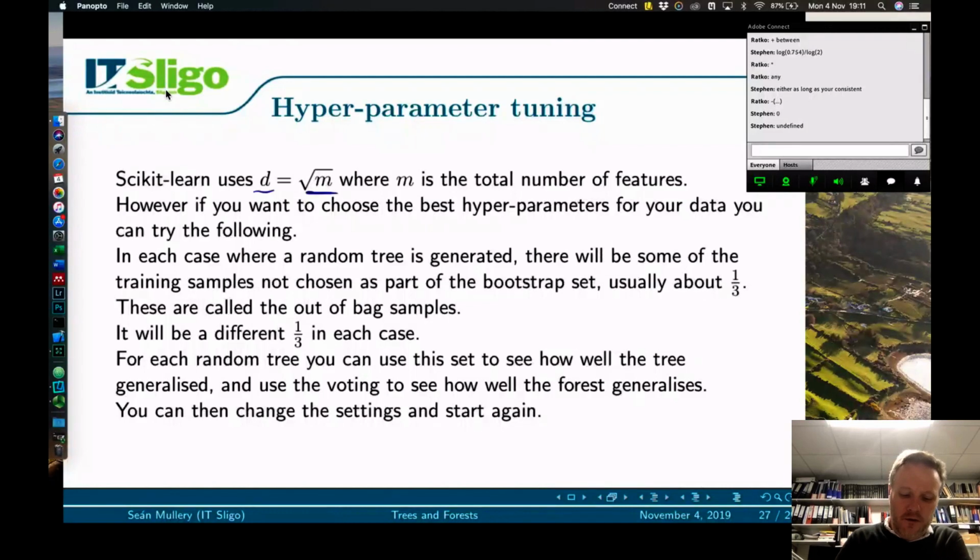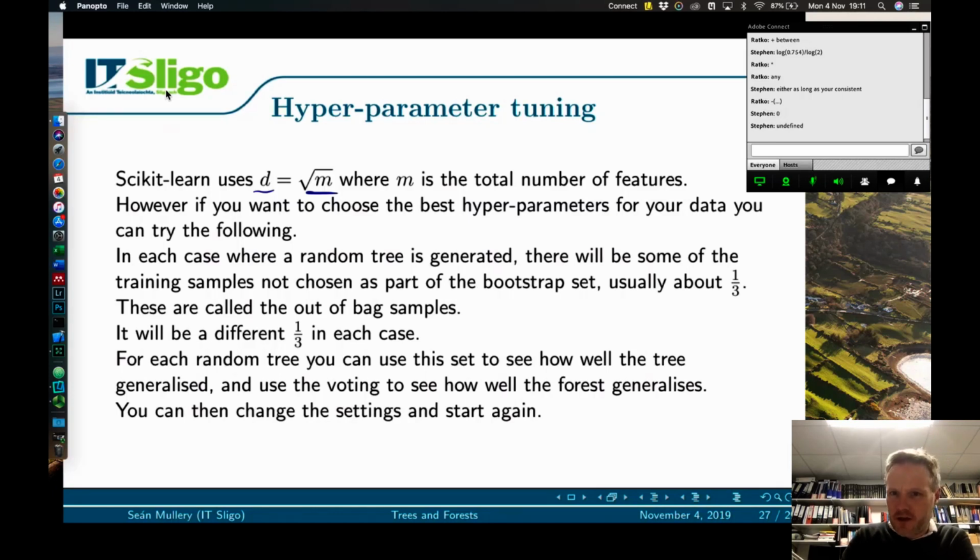For the value d, we set it to the square root of the total number of features. So if we have 20 features, the square root of 20 is 4 point something, so we'd take 4 or 5 features on each occasion and make a decision based on those.